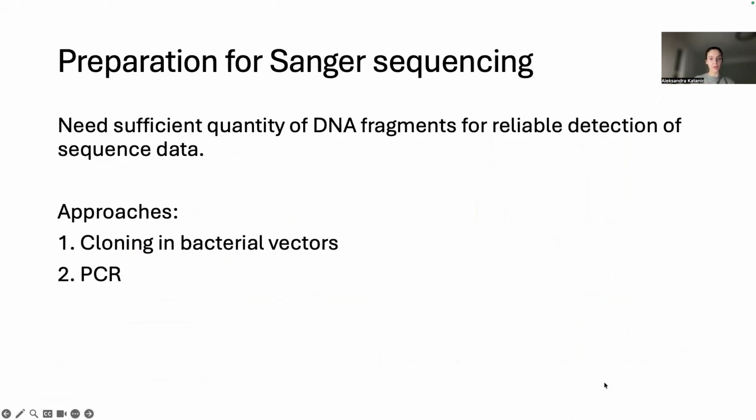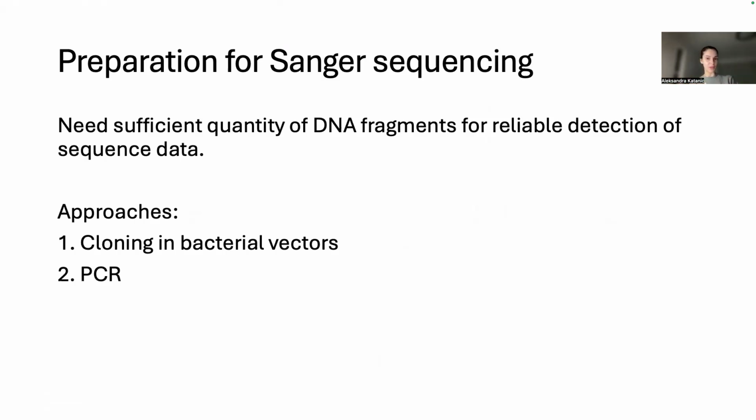To prepare for Sanger sequencing, we really need a good amount of DNA fragments for reliable detection of sequence data. And we can approach achieving this in two ways. We can clone the DNA fragments into bacterial vectors, where they can be propagated and amplified within bacterial cells.